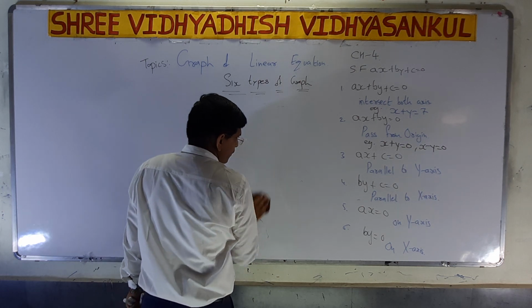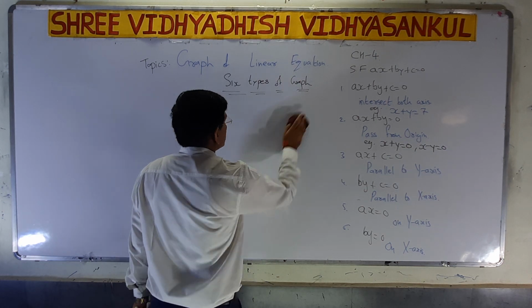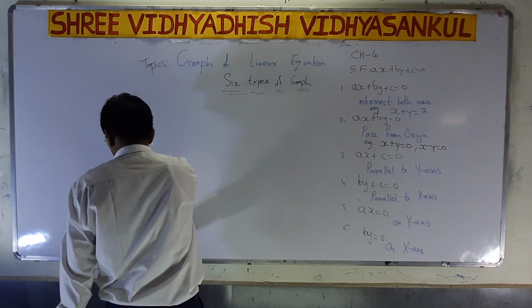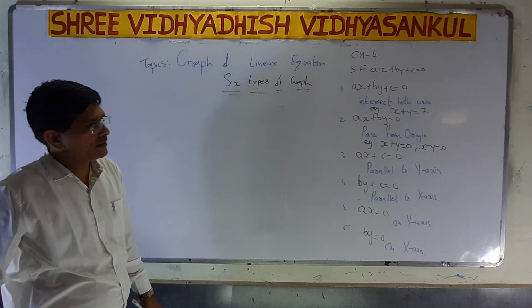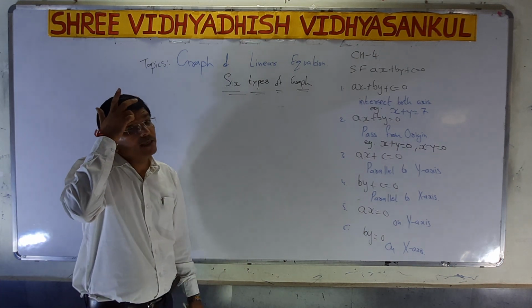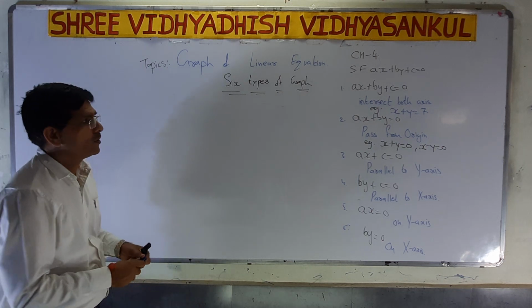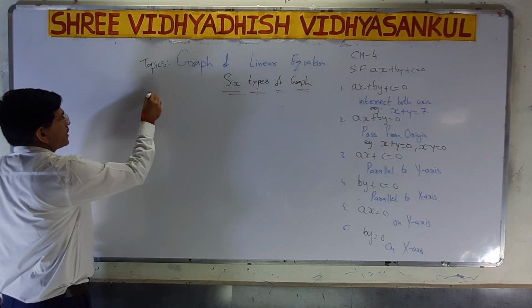Now the fourth type of graph, that is by plus c. It means ax should be removed. So first of all I am writing the standard form of it.